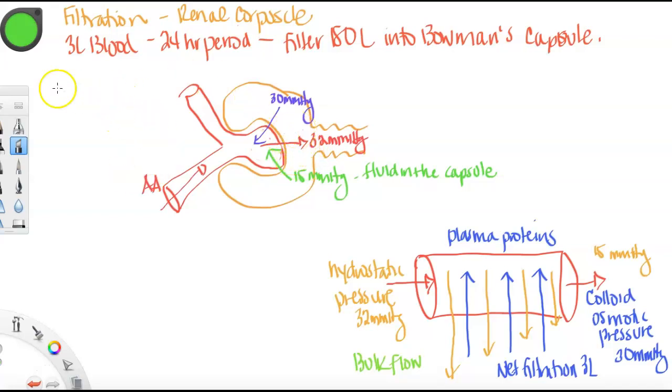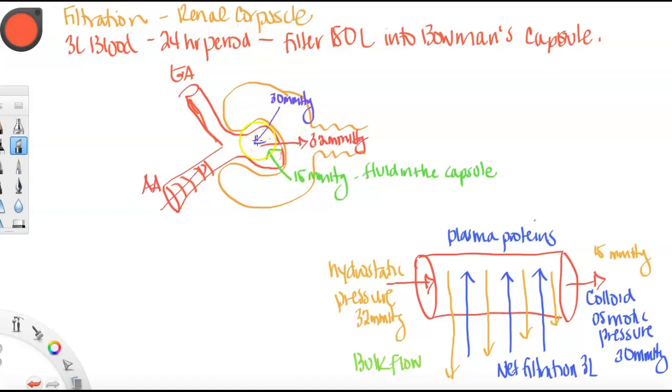If you look at the structure of the afferent arteriole compared to the efferent arteriole, the efferent arteriole is smaller. The afferent arteriole is larger, and of course it's wrapped in smooth muscle. That means more blood is coming into the glomerulus than is able to leave. It's coming in faster than it's able to leave. That in itself causes a pressure, because more is coming in and is having trouble getting out.